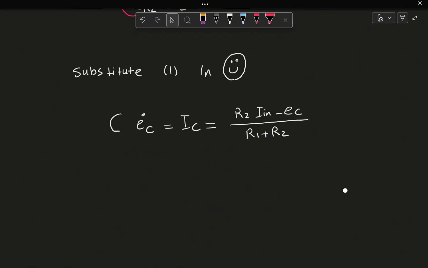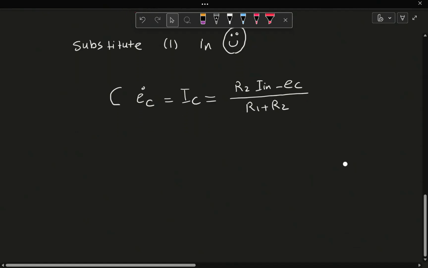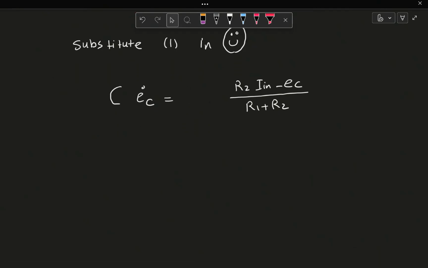I'm going to get rid of IC here since I substituted the value for it.